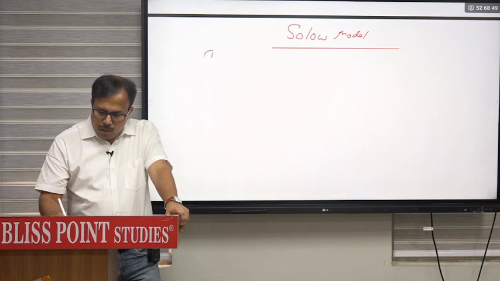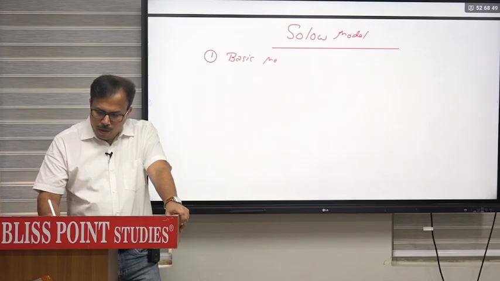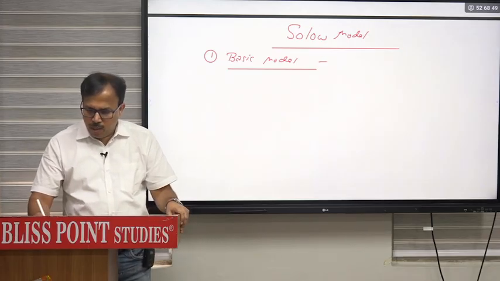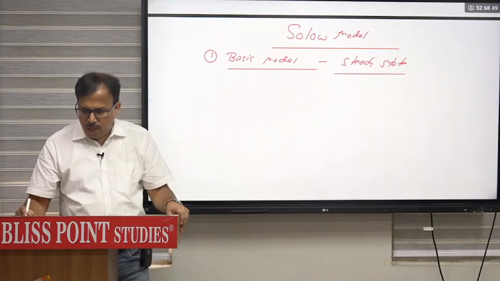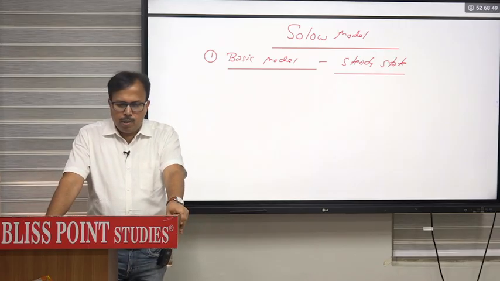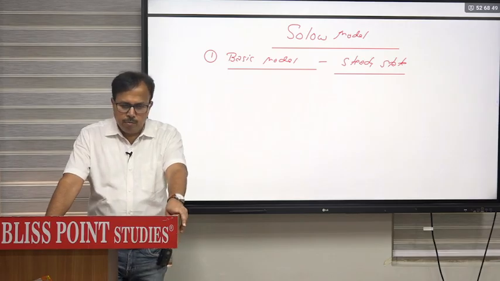So in the Solow model, first we explain the basic model. That basic model means the concept of steady state level of capital. So what is the meaning of a steady state?